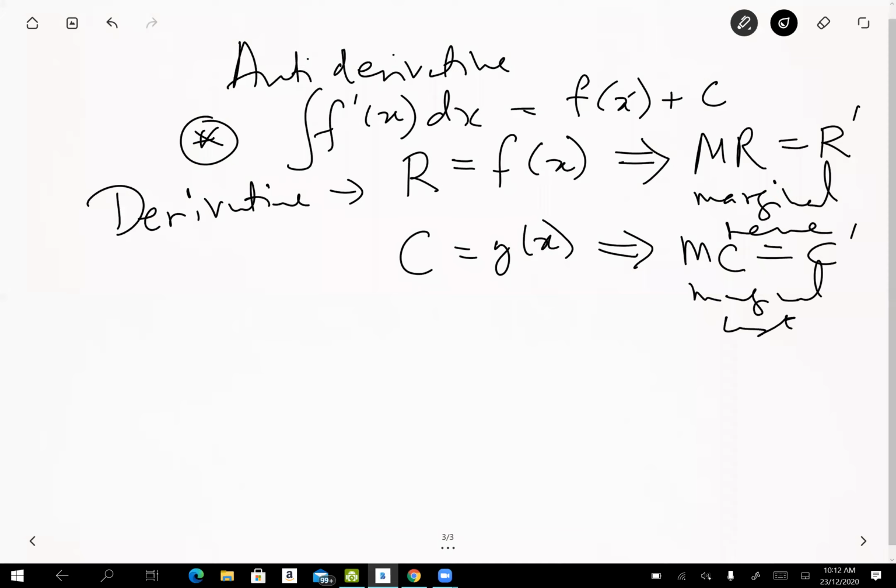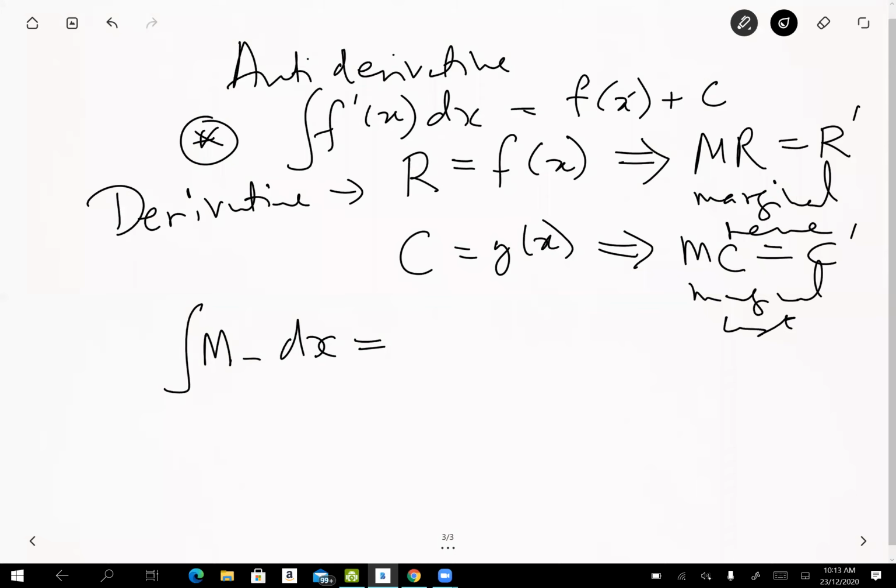Given any marginal, whether profit, revenue, or cost, you integrate and you will get the function.